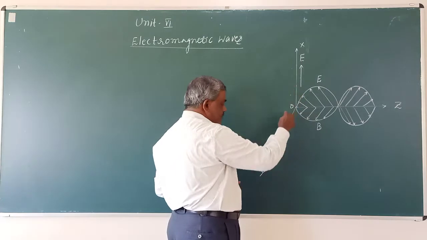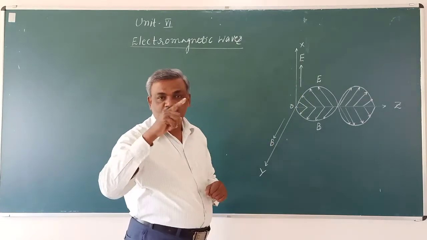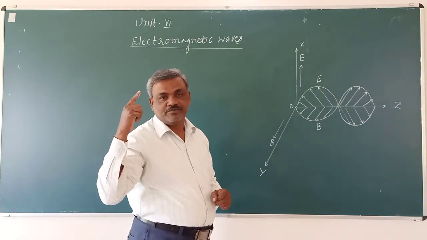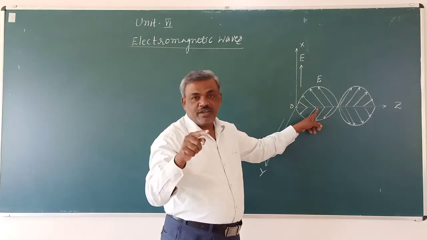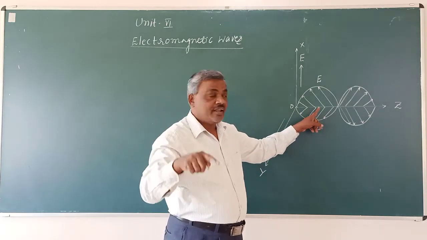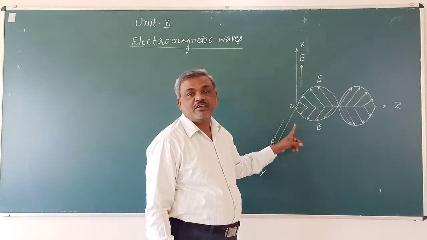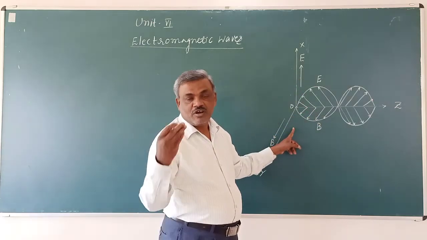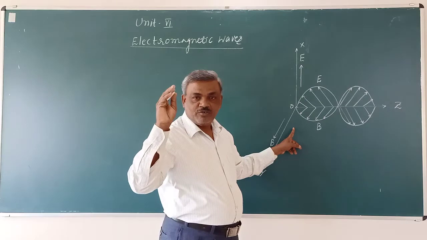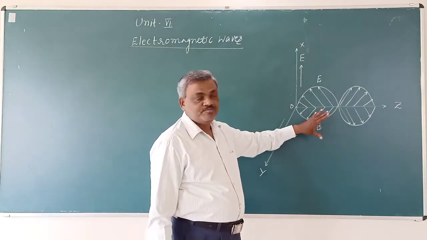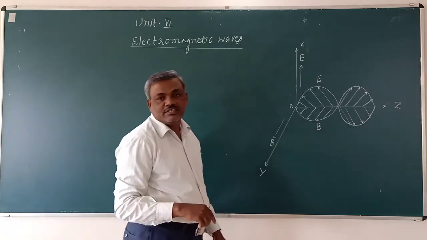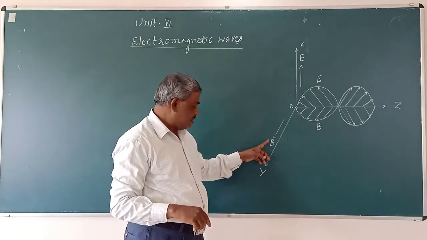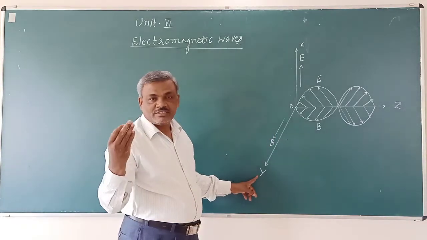Now the electric and magnetic fields are mutually perpendicular to each other. Then the electromagnetic wave propagates perpendicular to the direction of the electric and magnetic fields. So draw the electromagnetic wave structure. This is the diagram. E is the electric field taken along the x-axis, B is the magnetic field taken along the y-axis.